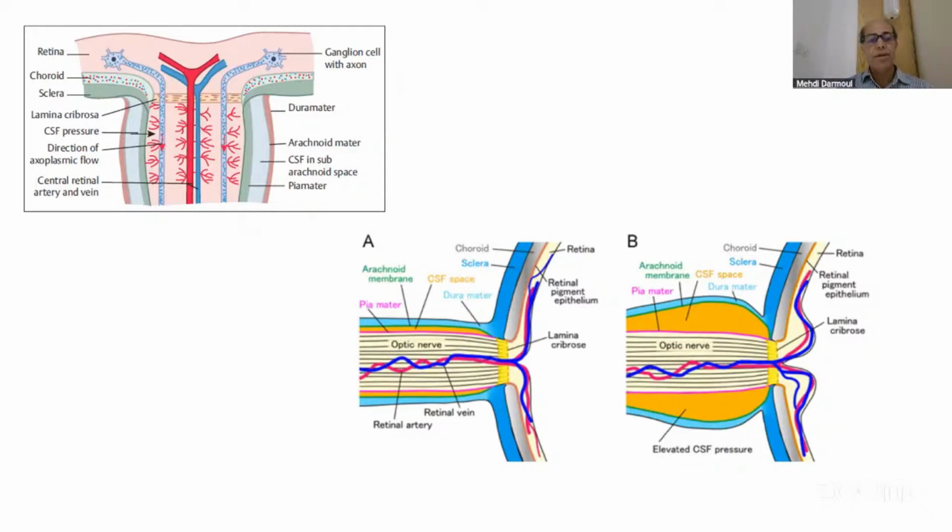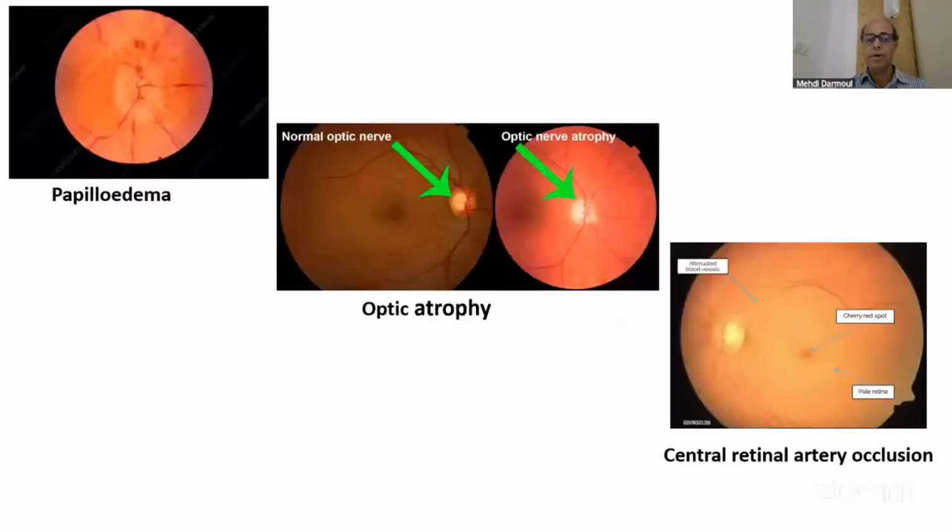Here is the normal case, but in case of increased CSF pressure, the space of the CSF can increase in diameter, and we can have intracranial hypertension. This can result in papilledema on fundoscopy, which can go at the end stage to optic atrophy.